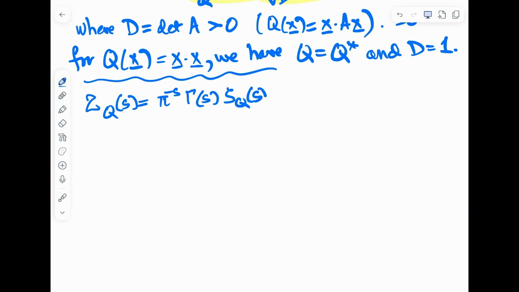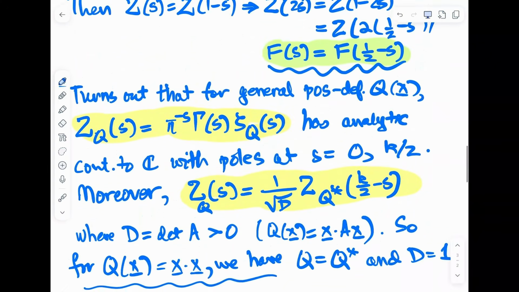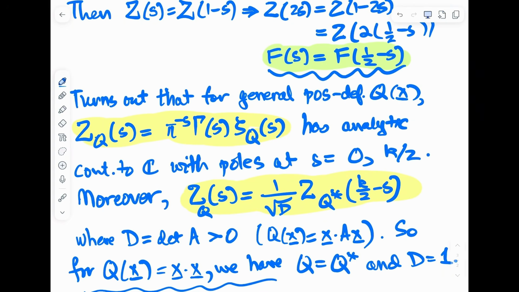Question: you said that the functional equation relates zq of s to zq star of k over 2 minus s. So if we want, for example, to get a value of zq to the left of the line, good luck with that.